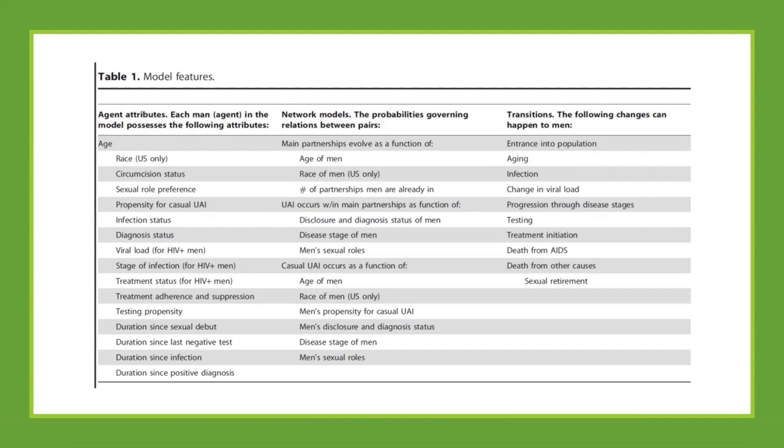And then over here we have changes that can happen to each man at each time step. If this were a compartmental model and we have, say, just 2 levels for each of these things, right? That's 2 to the 16 compartments that we're trying to use to characterize a population.